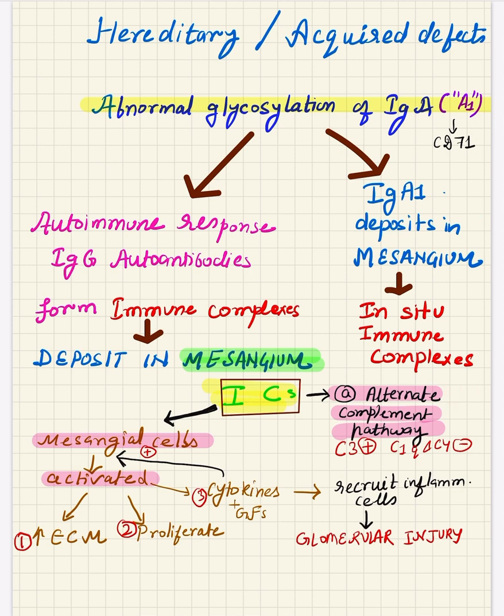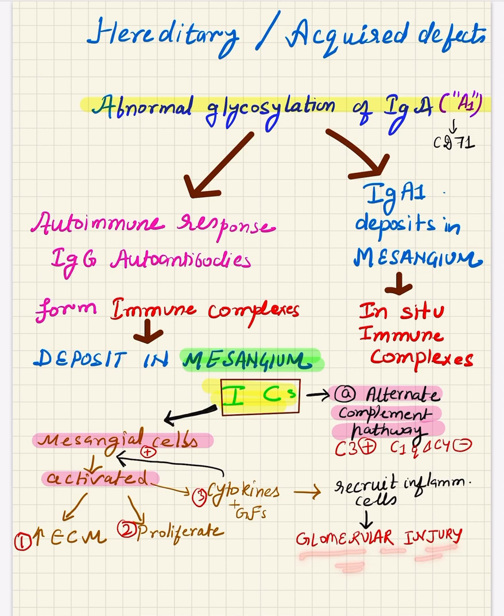The deposits in the mesangium have C3, and they don't have C1q and C4, which are part of the classical pathway of complement. So C3 will be present, and because of these factors, these cytokines, they will recruit the inflammatory cells, the leukocytes, and all this will cause the glomerular injury.